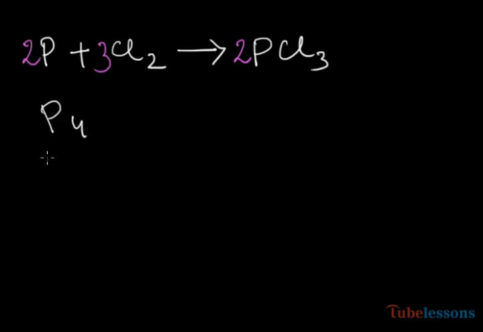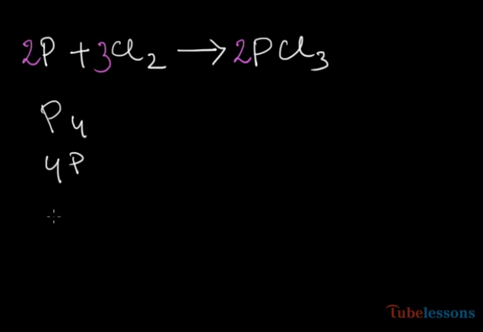But if we write 4P, then it represents 4 phosphorus atoms. So, to balance the reaction between phosphorus and chlorine, the P atom is multiplied by 2 and chlorine by 3.